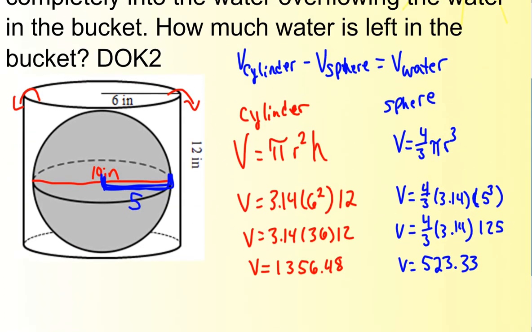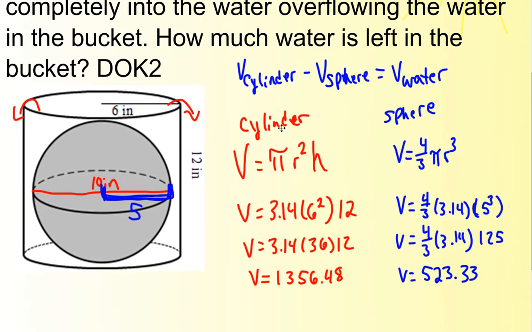All right, so we have the volume of the cylinder. That's how much water was in the cylinder at the very beginning of the problem. The guy pushes this basketball into the bucket, spilling out this much water. That's how much space the basketball takes up.